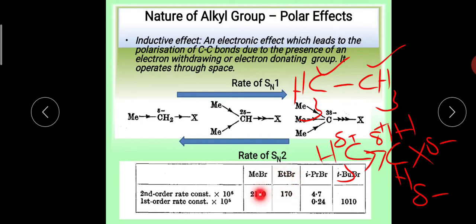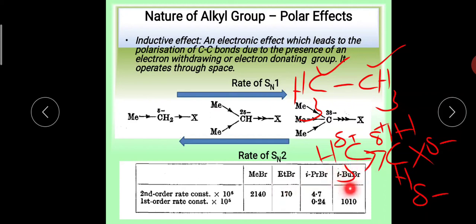Okay, so in this case there is only one methyl group, so the rate is around 2140 into 10 to the power 5, whereas in case of ethyl bromide it has decreased to 170. You can see there is such a vast difference just by the addition of one methyl group. Okay, and in case of isopropyl bromide, you see that the reaction is pretty slow, much slower when compared to primary alkyl halides.